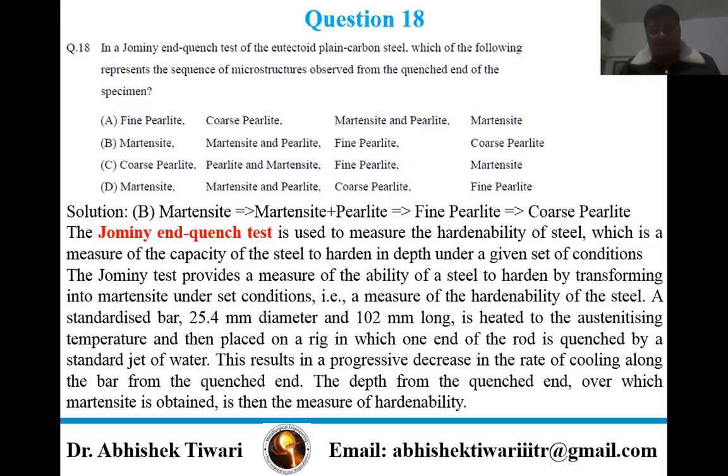This results in a progressive decrease in rate of cooling along the bar from the quenched end, and the depth from the quenched end over which the martensite is obtained is the measure of hardenability.